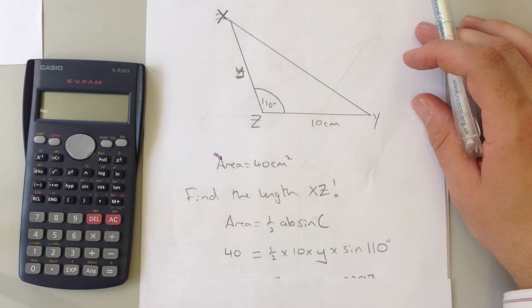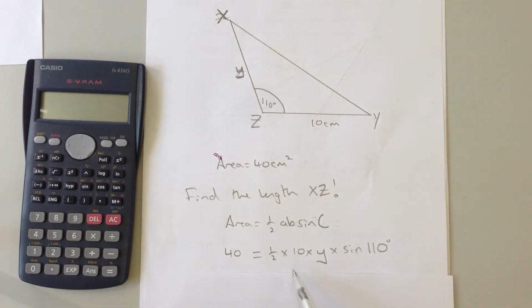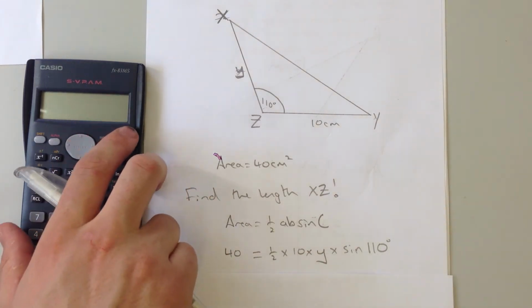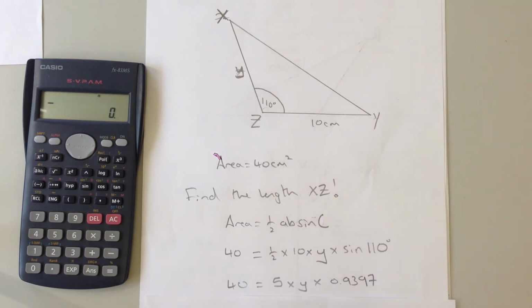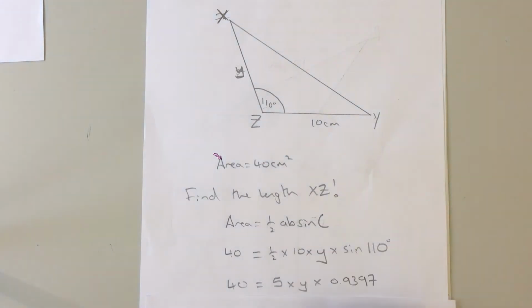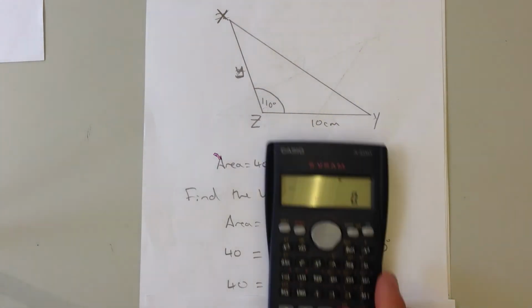So 40 equals a half times 10 times y times sine 110. So 40 equals, well, half times 10 times y times sine of 110, which is 0.9397, let's check that.